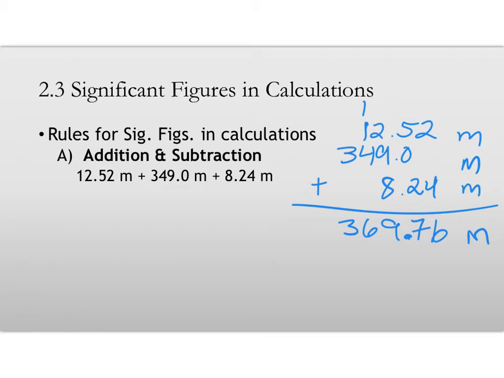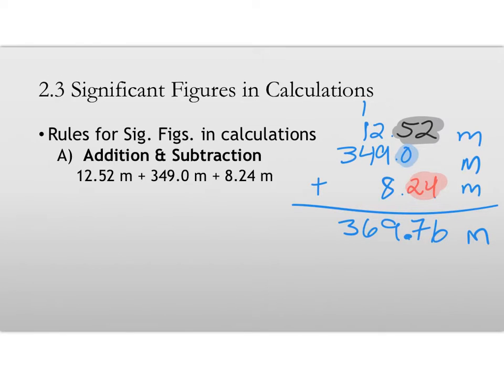But the rule states that you have to report the answer to the number of decimal places of the number in the calculation with the fewest number of decimal places. We have 12.52, which has 2, 349.0, which has 1 decimal place, and 8.24, which has 2.